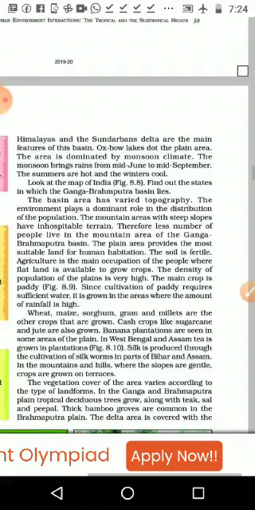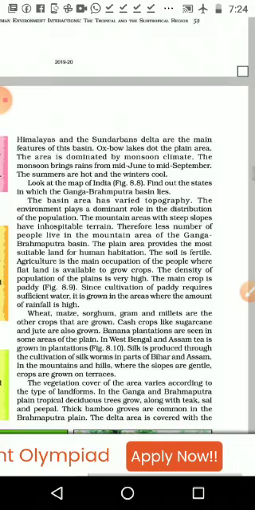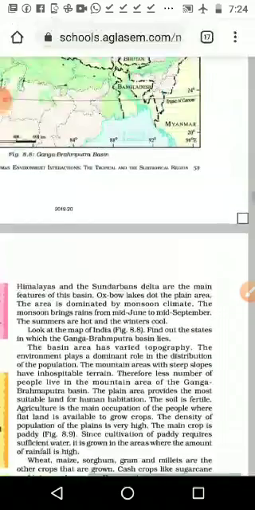Look at the map of India, figure 8.8, and find out the states in which the Ganga and Brahmaputra basin lies. Looking here, we can see Himachal Pradesh, then Uttar Pradesh, parts of Haryana, parts of Rajasthan, parts of Madhya Pradesh, then Bihar, West Bengal, Arunachal Pradesh and Assam.